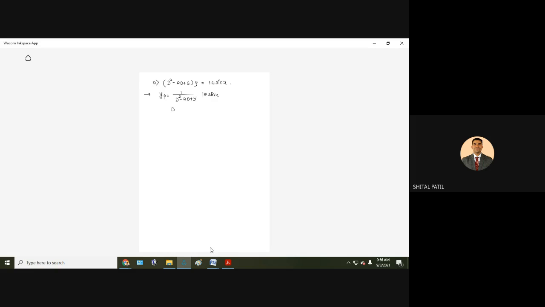D square as usual is to be replaced by minus a square. a is the coefficient of x in the sine term and that is 1. So minus 1. 1 upon minus 1 minus 2D plus 5 to be operated on 10 sin x.